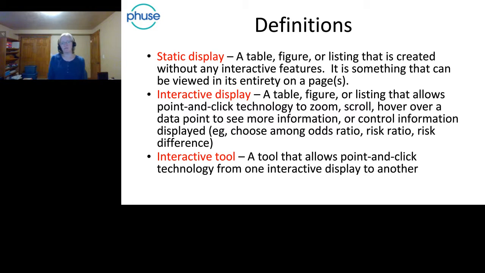Or you might be able to pick an event that tells you which patients have that event, and then click on that patient and go see the individual patient data, either through a listing or a graphical patient profile. So interactive tools are great, and certainly there's a lot of evolution in tool development. So these are additional definitions to be aware of.